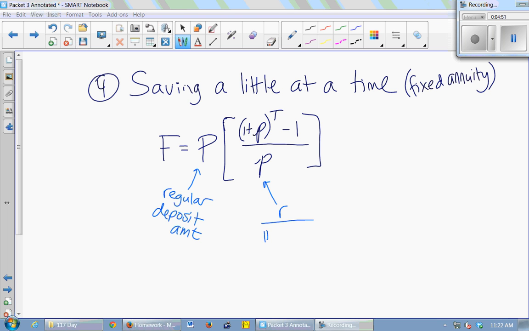This is the number of deposits per year. R divided by the number of deposits per year. And then capital T is the total number of deposits, right? So if you were going to make monthly deposits into this account for 3 years, capital T would be 36. Monthly for 3 years would be 36 total deposits.